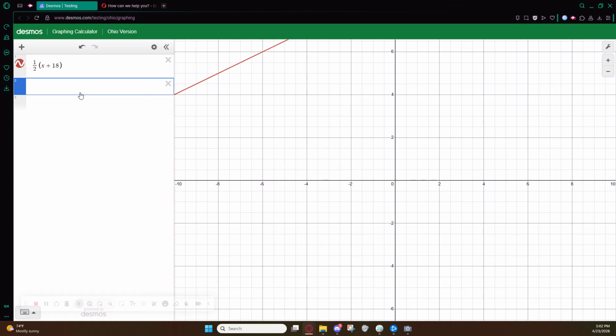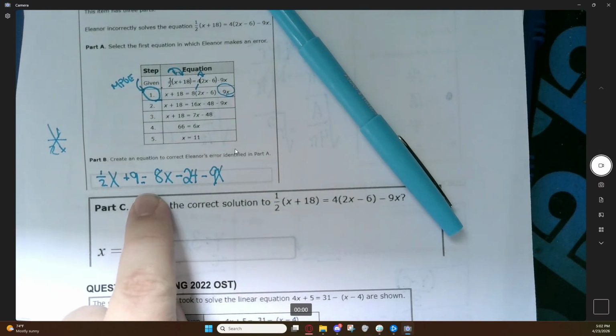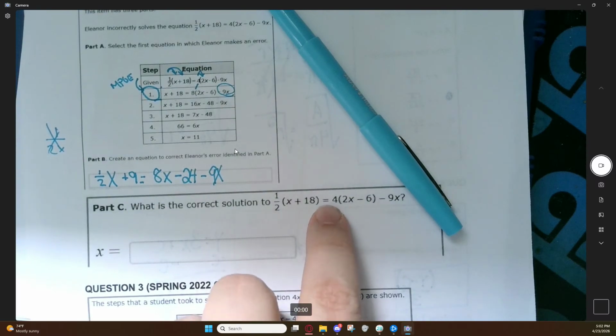Then the other side was 4 times 2x minus 6 minus 9x. I'm going to split this equation at the equal sign. So you'll note that I split the equation right here.